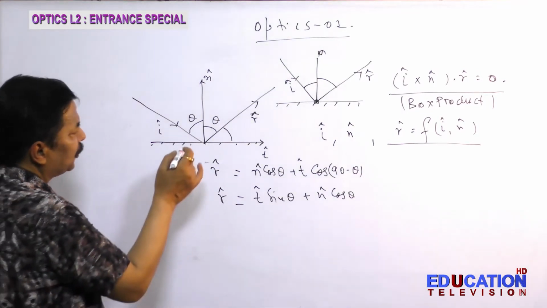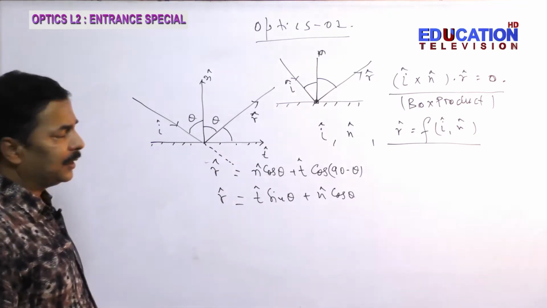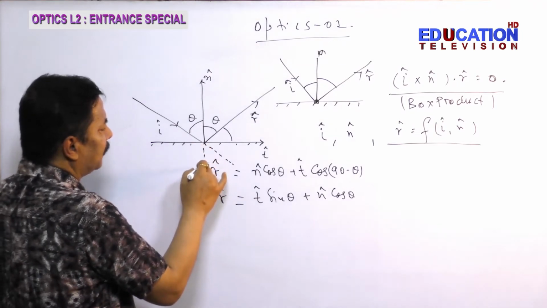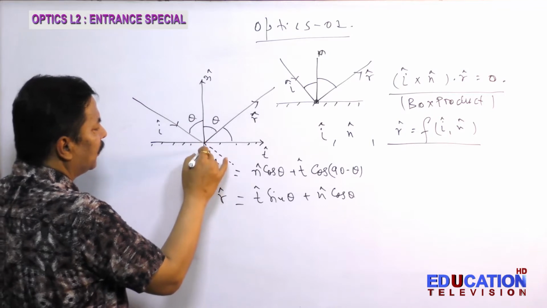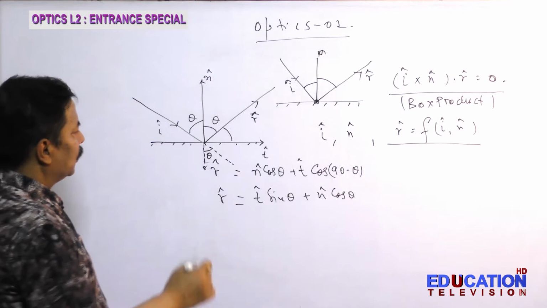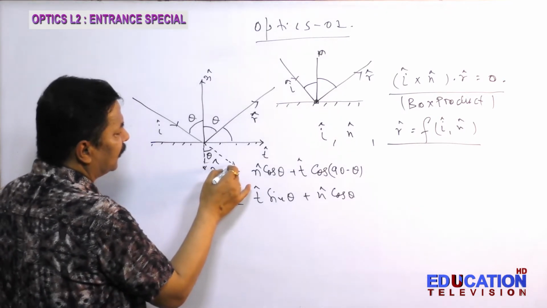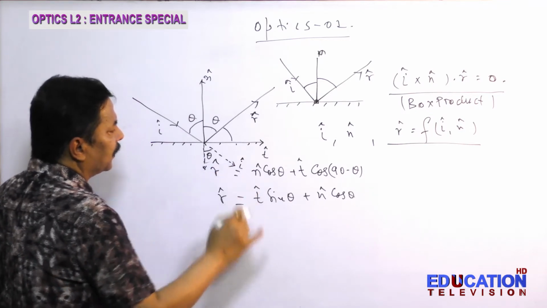Now if we proceed in this direction, with the incident ray and normal in this direction, then see, this angle is again theta, vertically opposite. So this is minus n. So what we can write, this is the I vector.